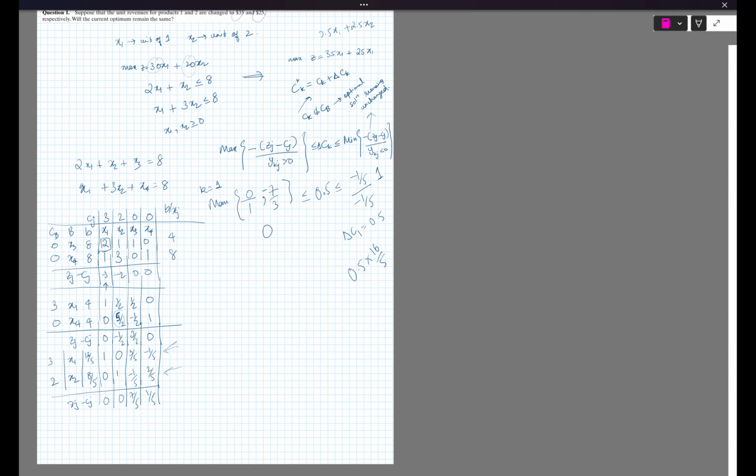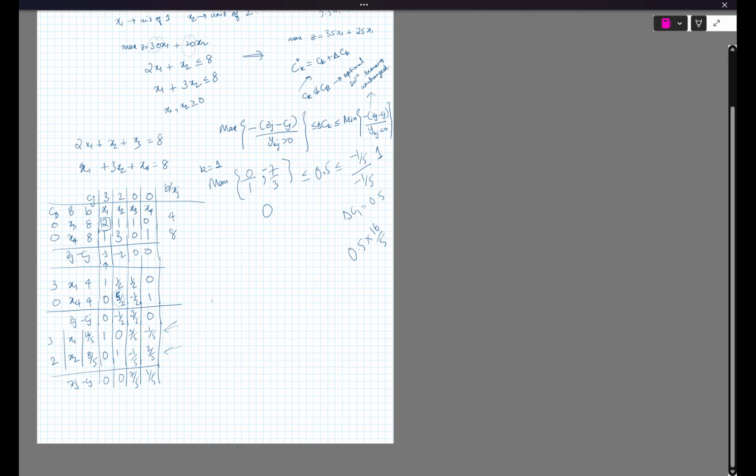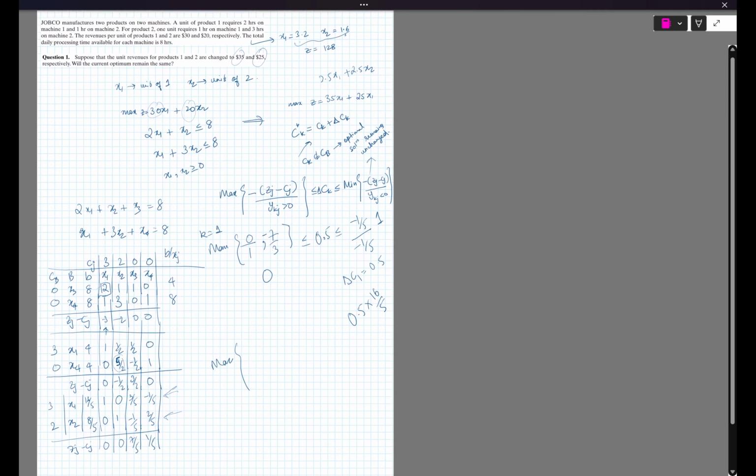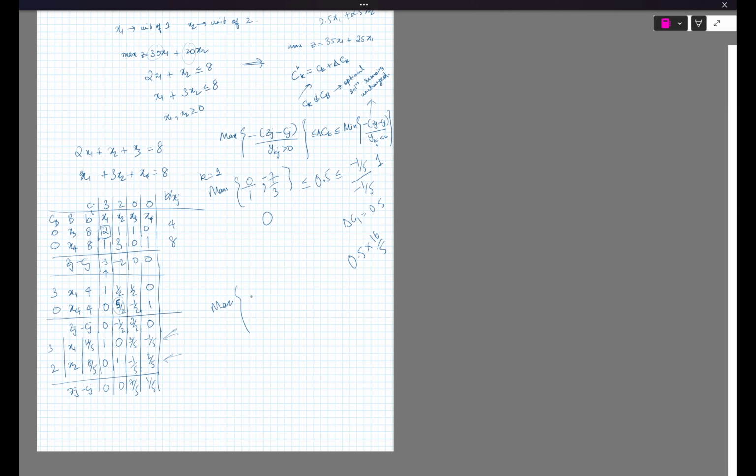So let's look at the other one also. I have to look at this row. So I have 0 by 1 and minus 1 by 5 upon 2 by 5. Minus, sorry, minus.